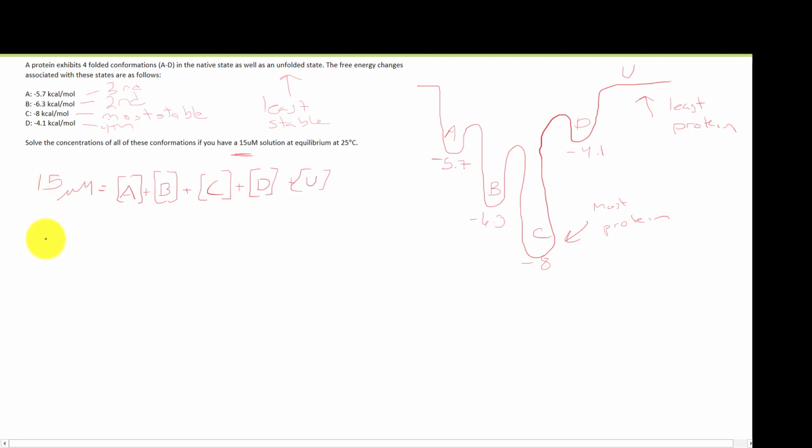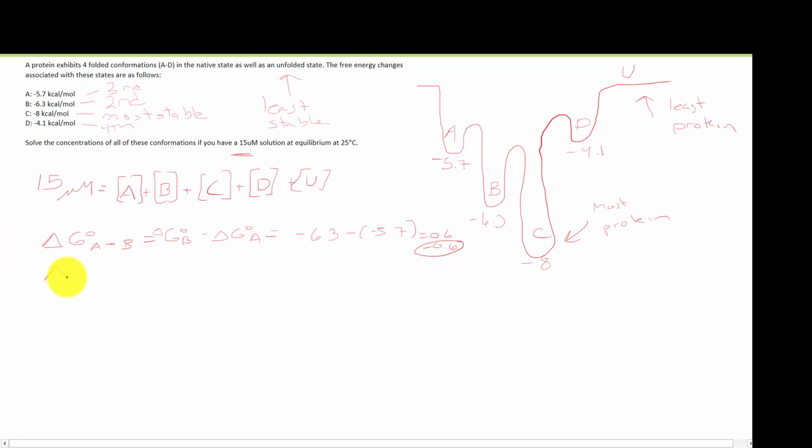What is my delta G for transitioning between A and B? If we're going from A to B, it's going to be the delta G of B minus the delta G of A. That's negative 6.3 minus negative 5.7, and that's going to be negative 0.6 kcal per mole.